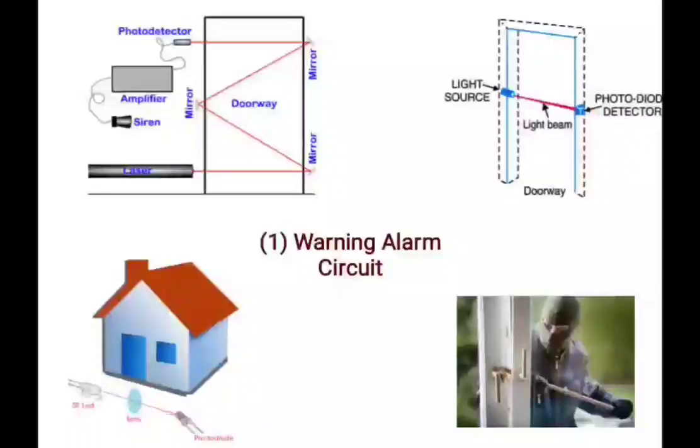The circuit is designed so that if any obstruction occurs in the light source, the reverse current in the photodiode comes down to the dark current level. An alarm bell starts sounding. When any person enters through the door, the light beam breaks and the alarm sounds. Using this arrangement, we can use it as a warning alarm in a protected area or your home for security purposes.